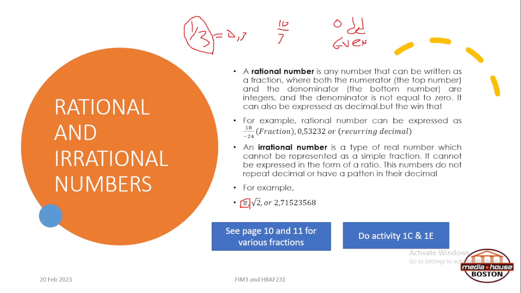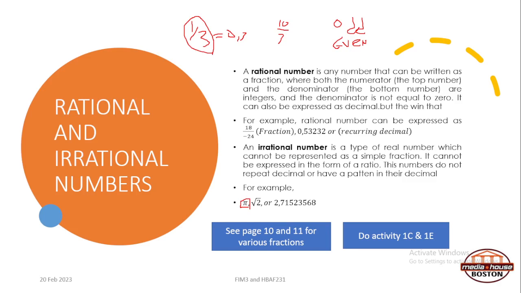Odd numbers are all numbers that are not divisible by 2, meaning that you can never divide that number by 2. And even numbers are all numbers that when you divide by 2 give you another whole number. For example, 4 divided by 2 gives you 2. If you say 8 divided by 2, that gives you 4, a whole number. So all of those are what we call even numbers.